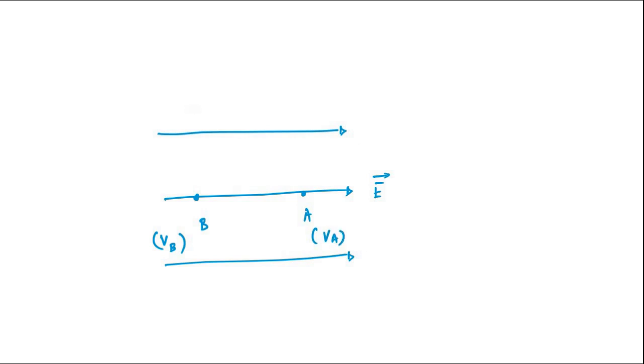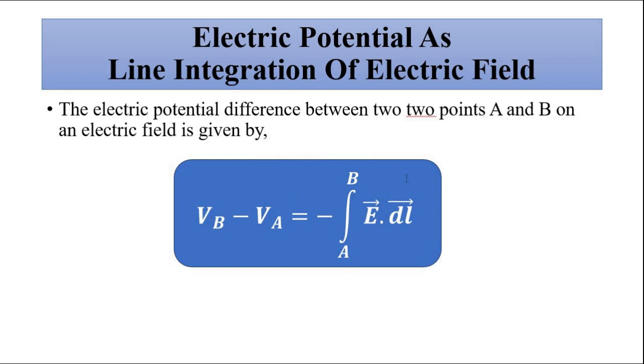Suppose we have to move a positive test charge from A to B. We have to do work against the electric field, because this electric field will try to move it in this direction, and we have to do work against the electric field to move it from point A to point B. In that case, the potential difference between these two points, VB minus VA, is called the negative line integration of the electrostatic field.